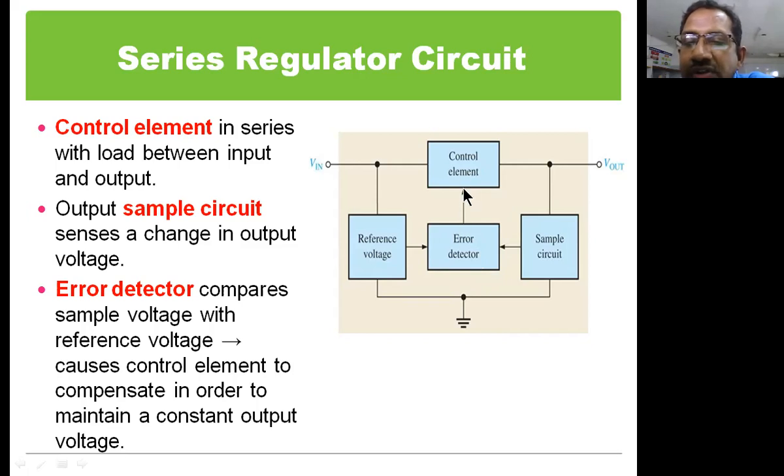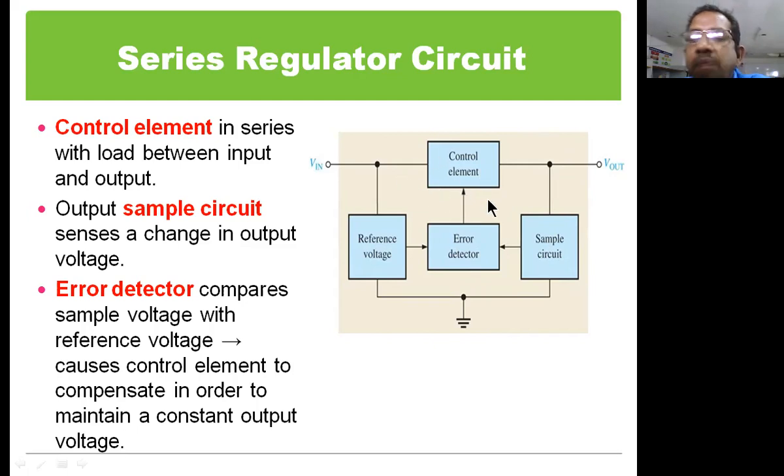Now this control signal is going to control the output voltage. That means if the output voltage increases, the sampling circuit is going to draw more current. This information is applied to the comparator, and the comparator gives a larger control signal.